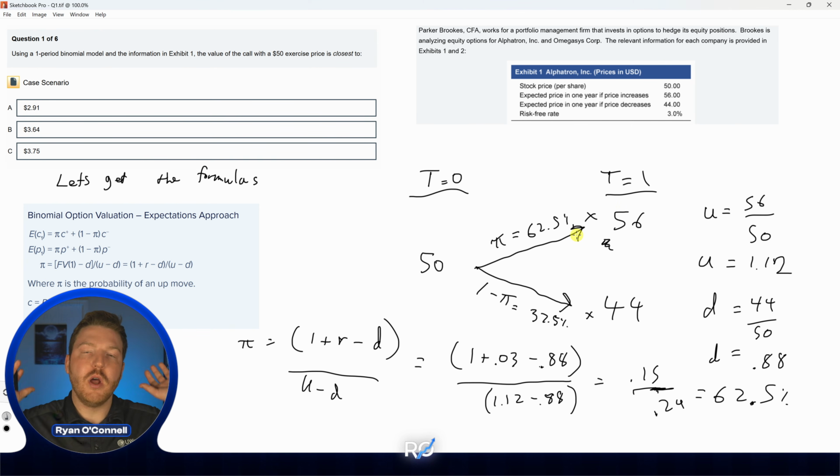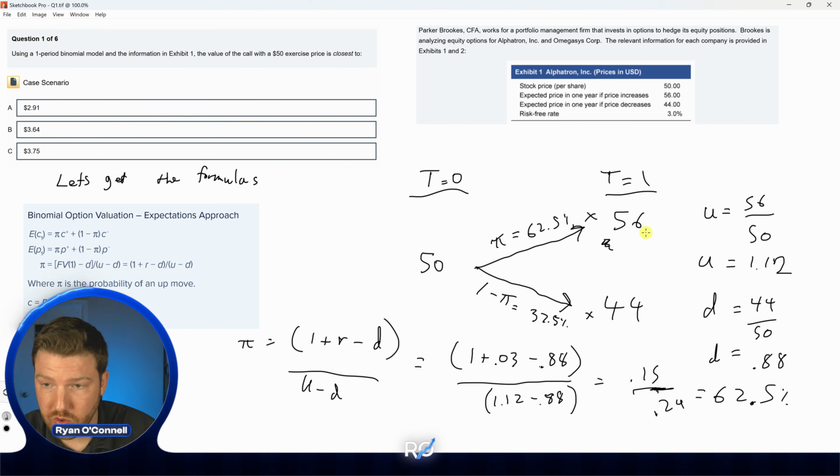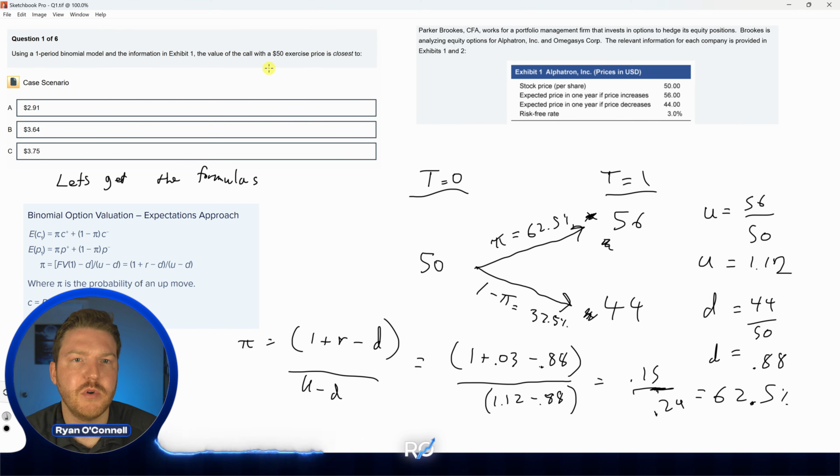We have to figure out what is the payoff of the call when that happens. So this is actually going to be this 56, right? The strike price is 50.